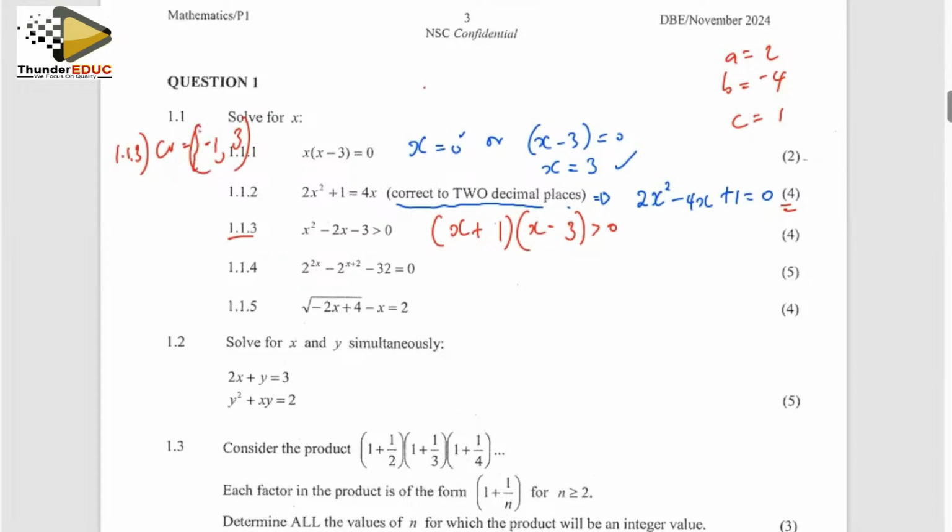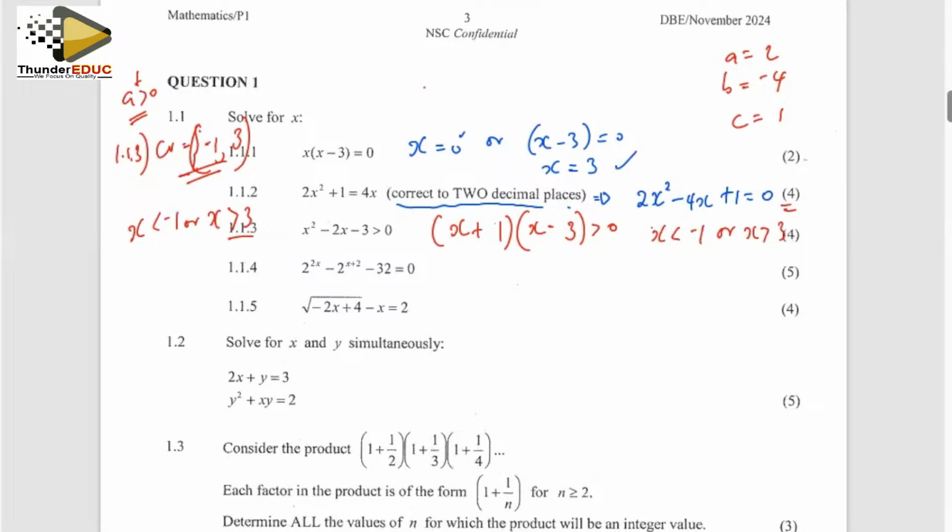We know that the inequality is greater than and a is positive, which means either x is less than -1 or x is greater than 3. That is how we would work that out: factorize, get your critical values, and then represent the solutions.